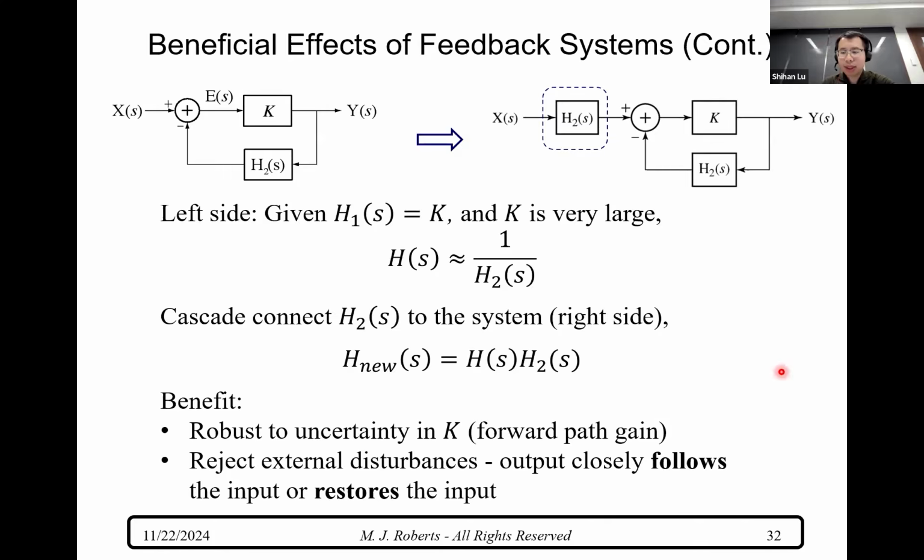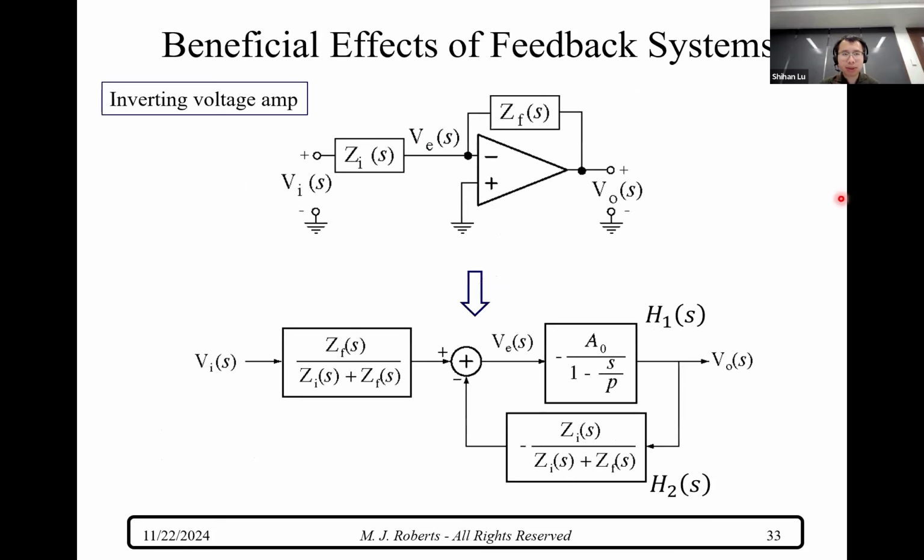Okay, and then we are going to talk about another example, still under the category of the beneficial effects of the feedback system, the advantages of using feedback systems. So here, on the top of this slide, is an inverting voltage amp.